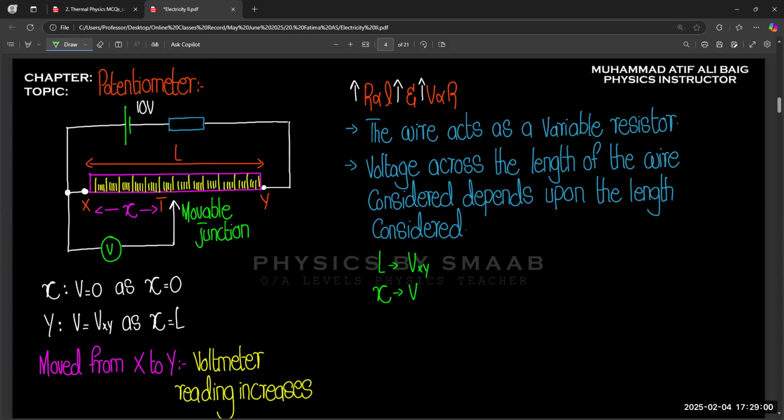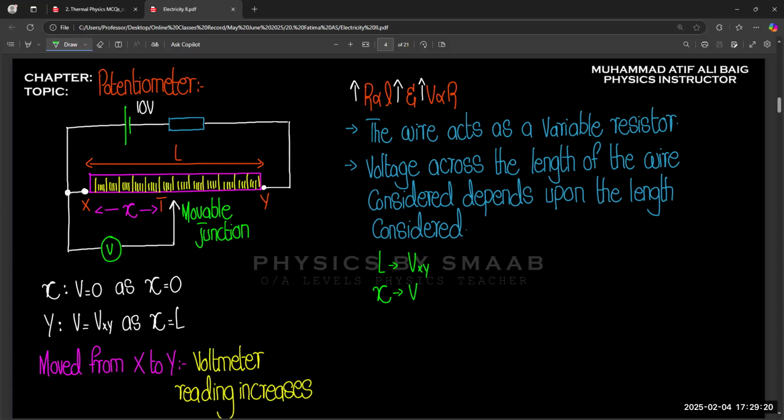And let's suppose we replace this voltmeter with a lamp, like a filament lamp. If we replace this voltmeter with a lamp and the whole setup remains the same, that lamp will give you output in the form of dim or bright light.